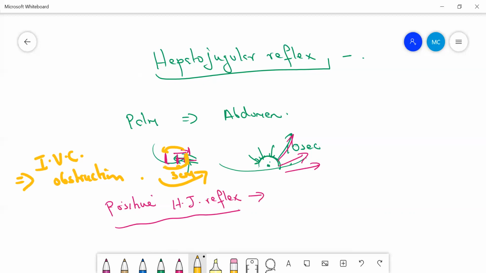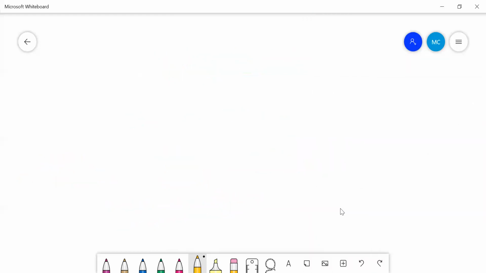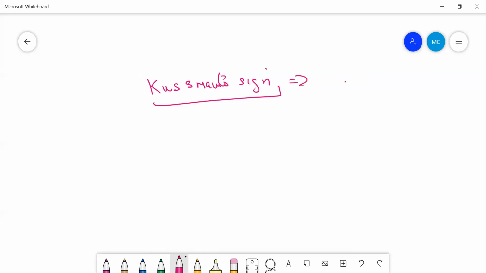Okay. One last thing I want to say before concluding this lecture: there is one more thing related to the jugular pulse, that is Kussmaul's sign. What is Kussmaul's sign?